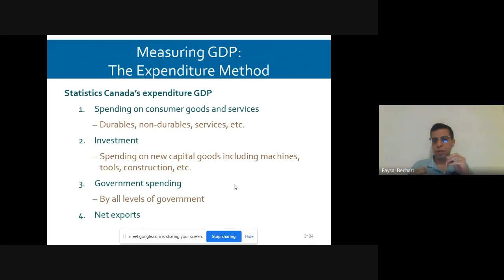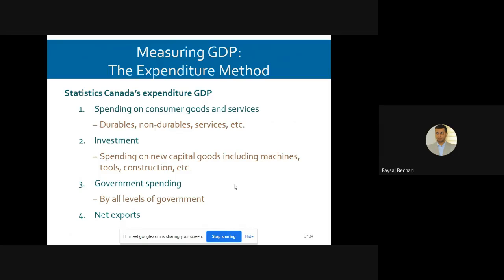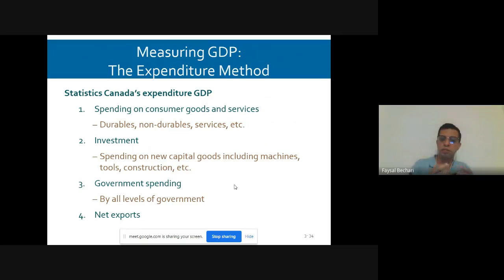Expenditure GDP is the spending on consumer goods and services, whether durable, non-durable, or services, all the spending, plus the investment, which is spending on capital goods, machinery, construction, roads, and all these things, plus the government spending, by all levels of government, how much they spend, plus the net export, which is export minus import. So this is the expenditure method.